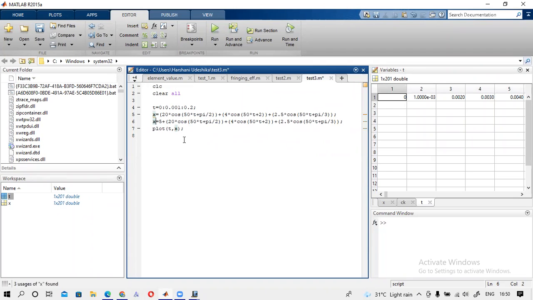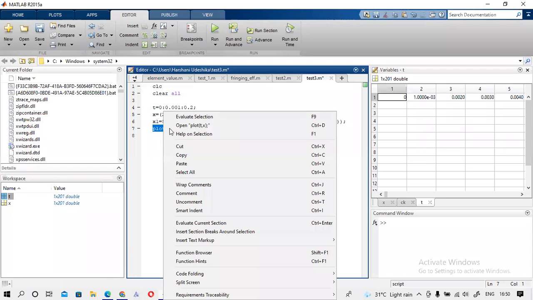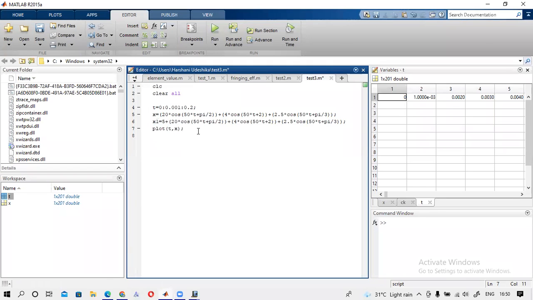Let's say this is X1. I am going to plot Tx1 again. Remember that we have to put the hold on command here, otherwise you will not see both signals in the same graph.